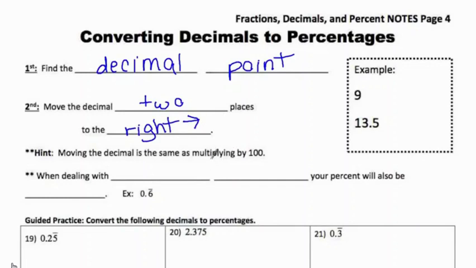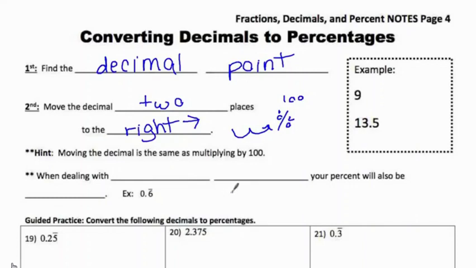The way you can think of this is I want to become a percent, so I'm going to move 2 towards my percent sign. Hint, moving the decimal is the same as multiplying by 100 because there's 2 zeros in 100. You can also think that there's 2 zeros in the percent sign. So you can see that there's 2 moves because of the 2 zeros in the percent sign.